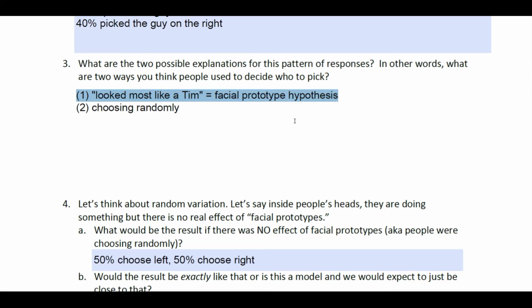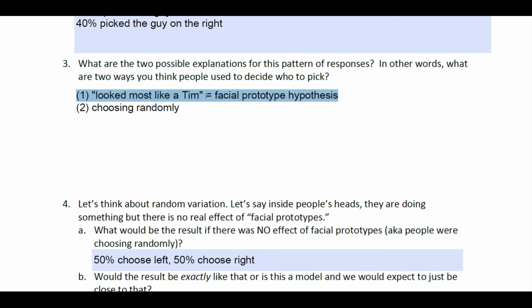The problem with trying to build a model off of this hypothesis is we don't know what the data would really look like if that hypothesis is true, right? If people really are using those facial prototypes, well, then what numbers would we expect to get? What proportions would we expect to get? I don't know. And I may say something different than you would say versus one of your other classmates.